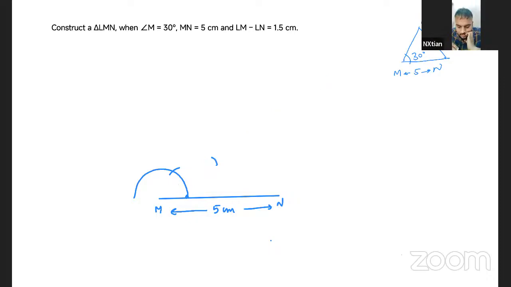See, first from 0 degree and from 60 degree, I make an arc like this, with any measurement. After that, without disturbing the compass, I make an arc from this 0 degree, and then I join the line. It becomes 30 degrees.